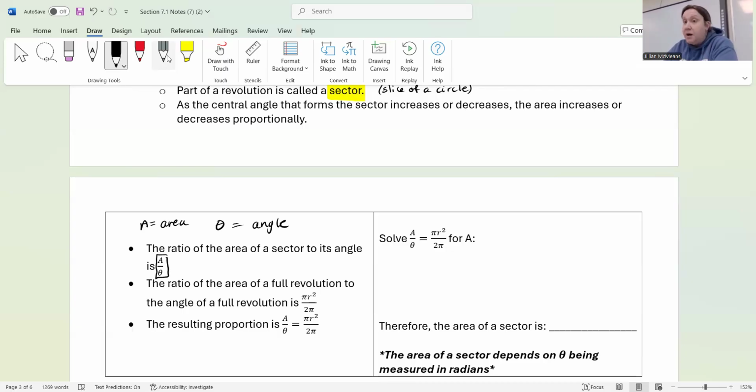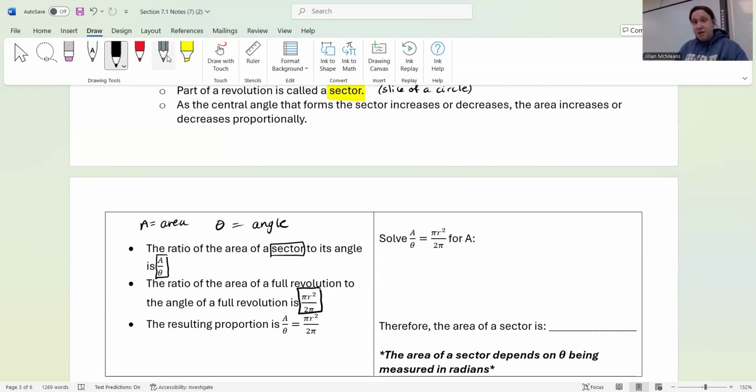Now, if we're talking about a full revolution, the relationship is the area of a full revolution over the angle of a full revolution. That would be pi times the radius squared divided by 2 times pi. We already know that as an angle increases or decreases, the area increases or decreases proportionally.